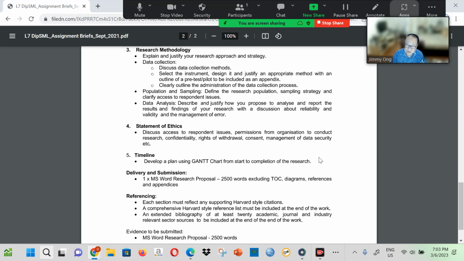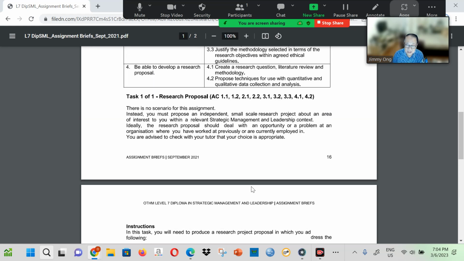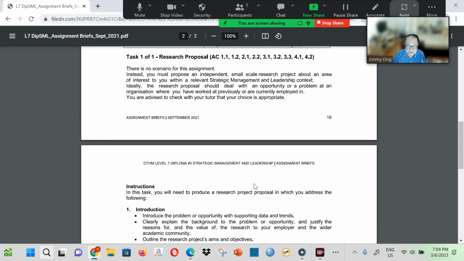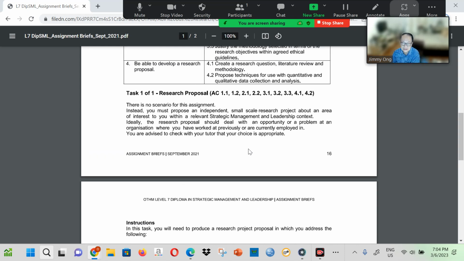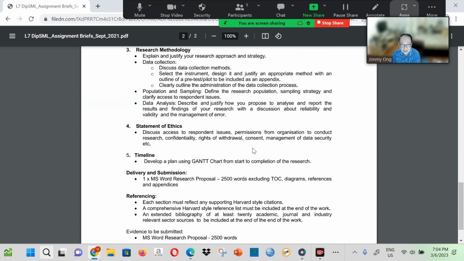You need to have all this in the Word file, and it's around 2005 words, right? There are also some things that you need to mention in another part. So you have to calculate how many words they ask you to write and how many words each section needs. If you are not looking into all this, then it is not possible to clear the assignment.